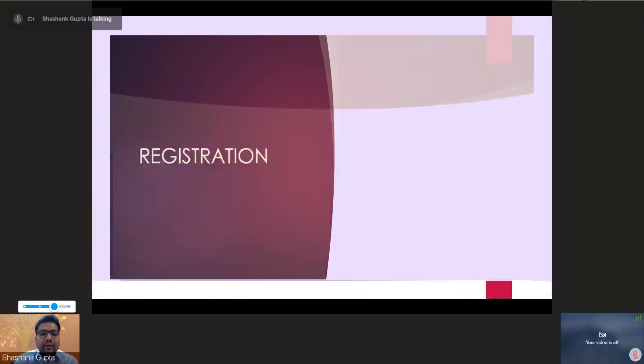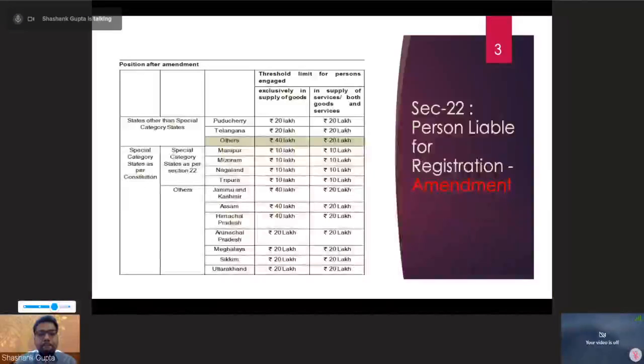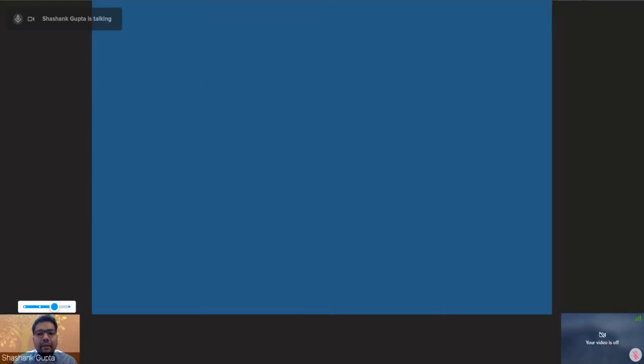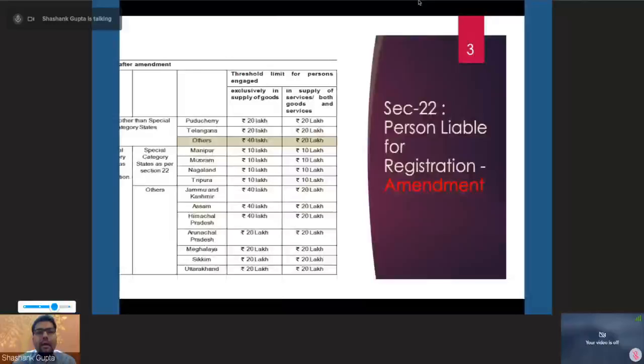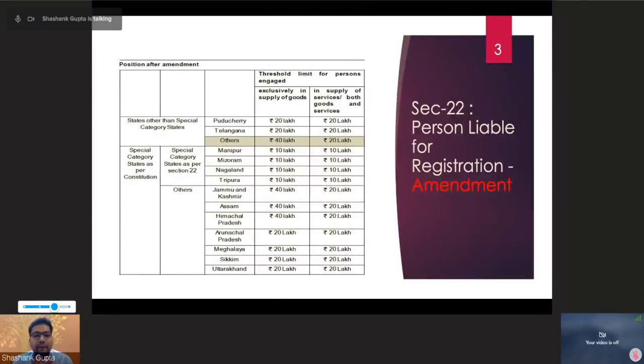So, registration under GST has been fixed on the basis of the turnover of any taxpayer. The primary, basic factor for obtaining registration under GST depends on what the turnover of the taxpayer is.